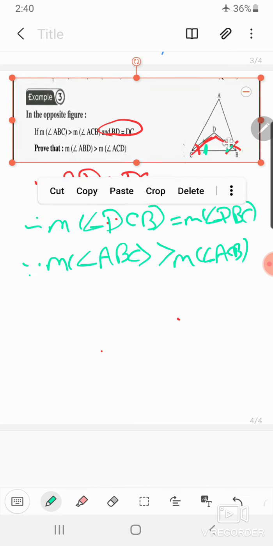He wants to prove measure angle ABD, this part, is greater than ACD, this one. By logic, here I want the part of the angle. Do I make plus or minus?